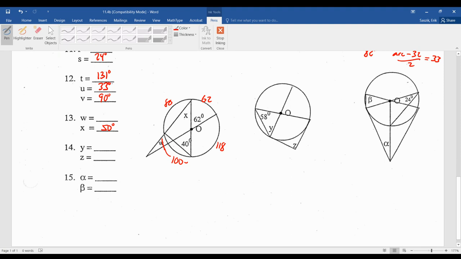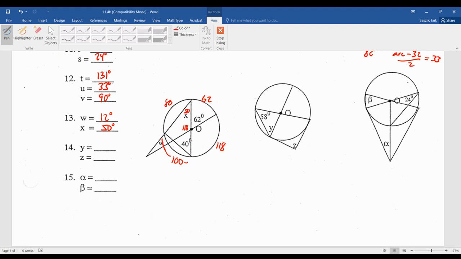And let's see if we can get the rest of this thing here. If X is 50, that's 118. That means this is 118 because of the central angle. So together that's 168. So looking at this triangle, that's got to be 12 degrees.